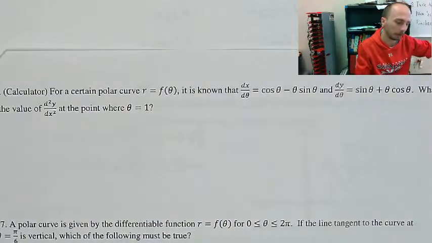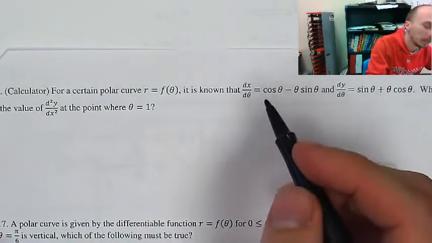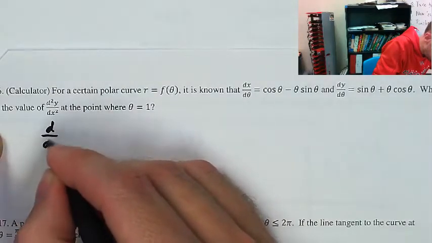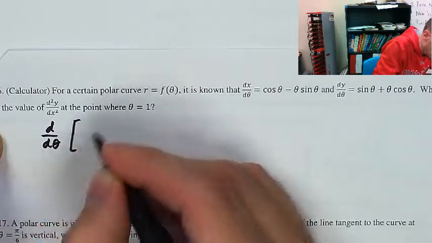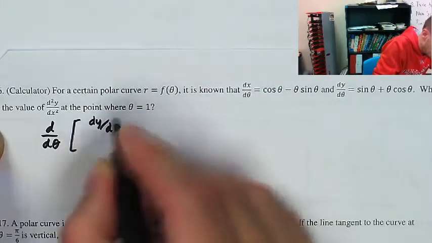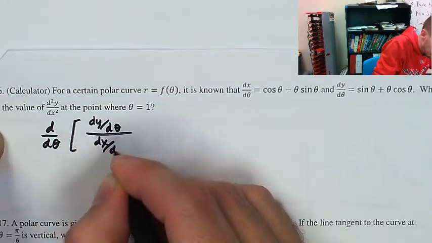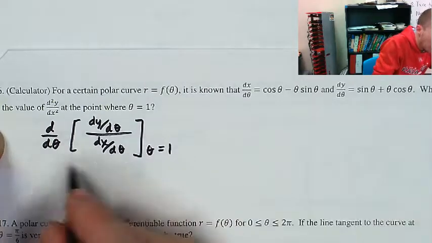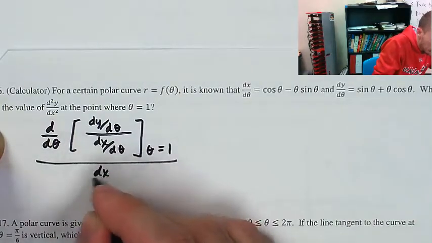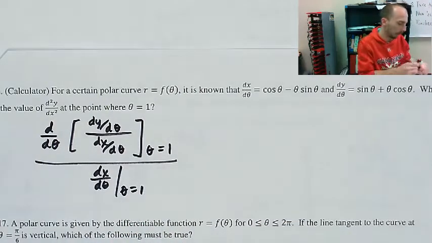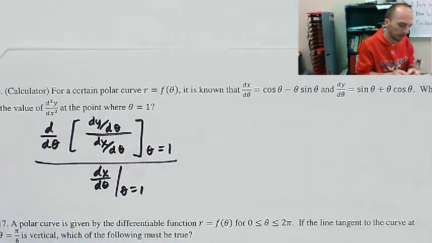So we're going to use the calculator to take the derivative of dy dx, right? We're going to take the derivative with respect to theta of dy d theta over dx d theta at the point where theta equals 1, and then divide by dx d theta at the point where theta equals 1. This is going to be just one big calculator event.